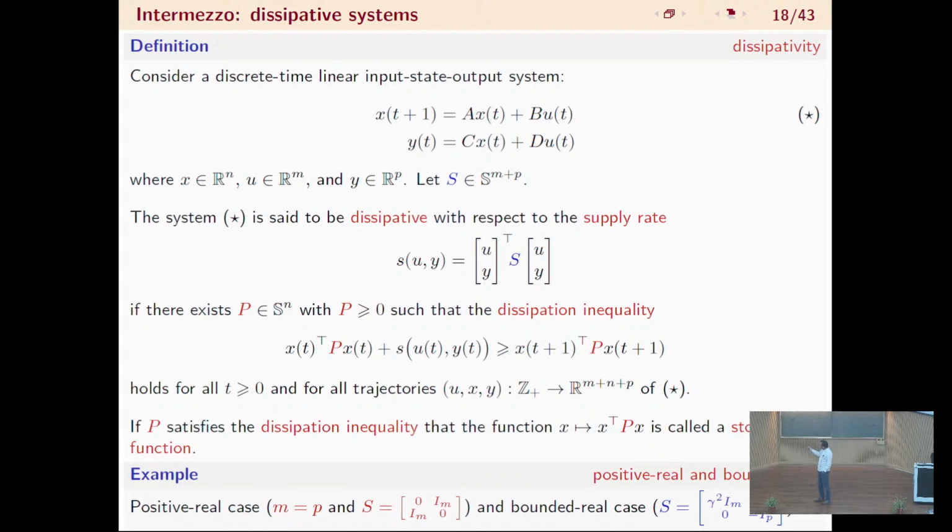And the other case is this choice of S, which is related to H infinity performance, actually, because it says that the system has H infinity performance less than or equal to gamma, if this is the case. But this is a more mathematical way of studying dissipativity in a general way, rather than focusing on passivity or L2 gain.